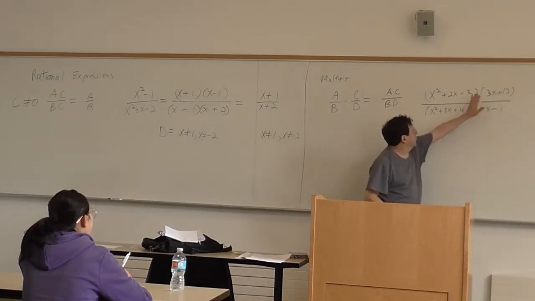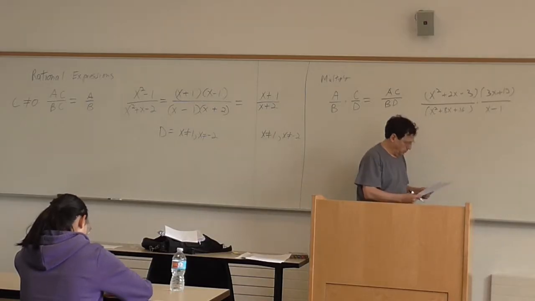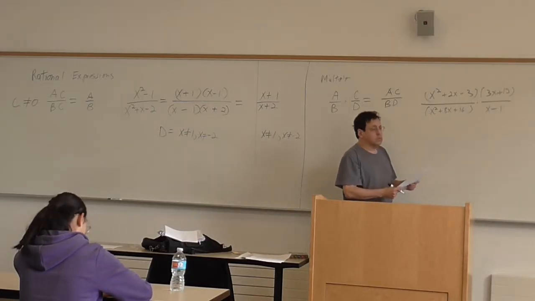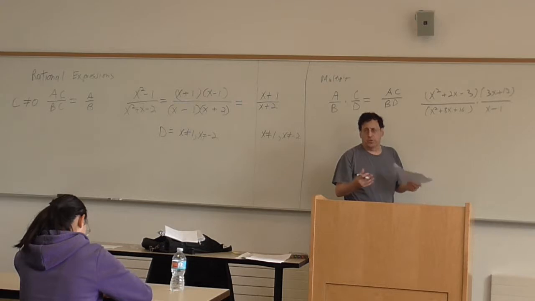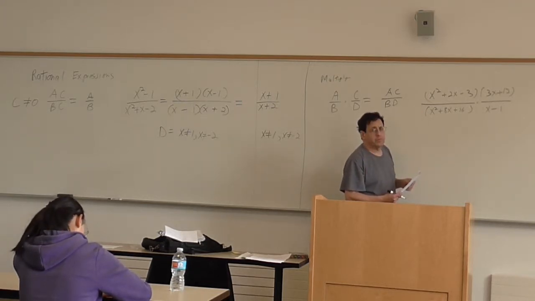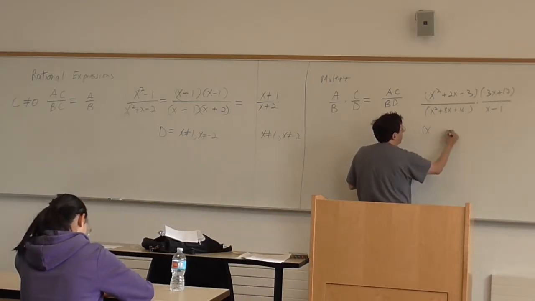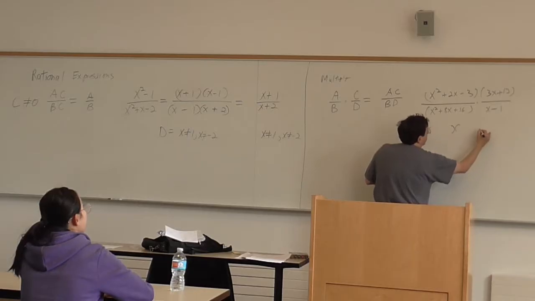Okay, so I have this rational expression over here. I'm multiplying it by this one. Well, I should try and simplify this, which again means I'm going to have to do some factoring. So let's look at this first. x squared plus 2x minus 3.